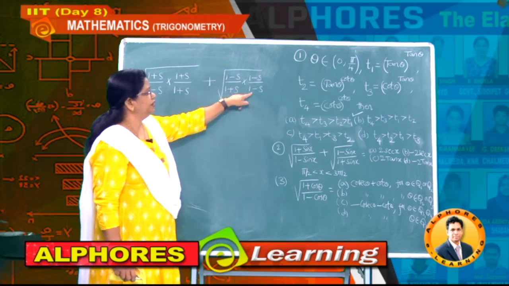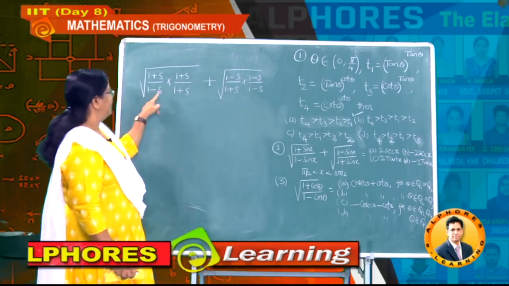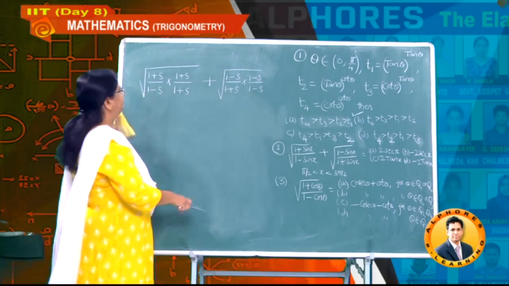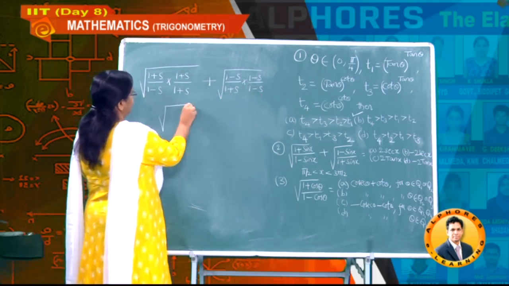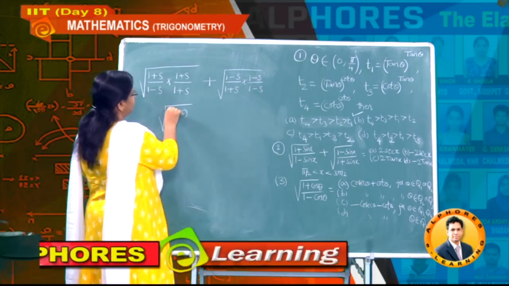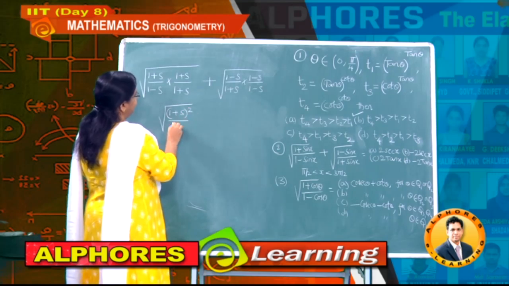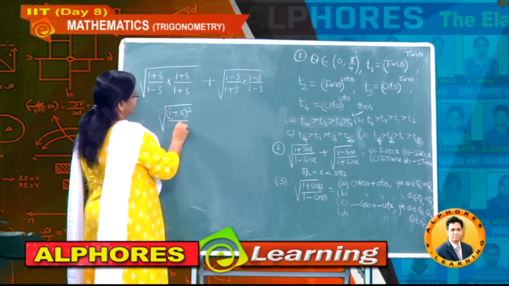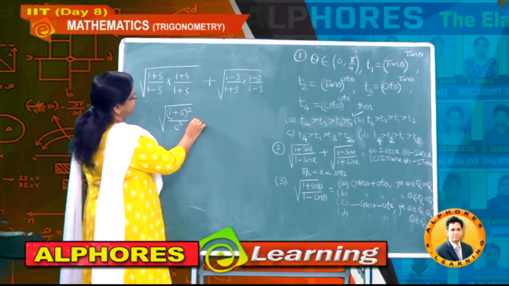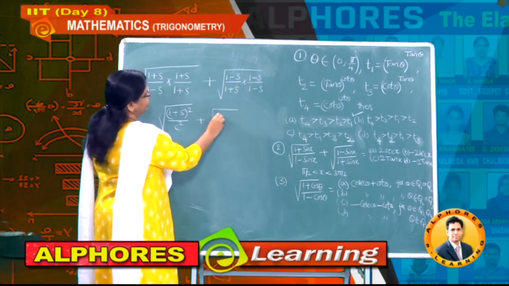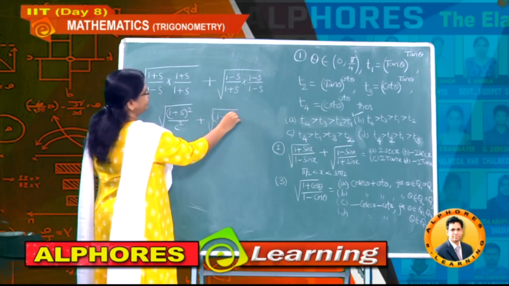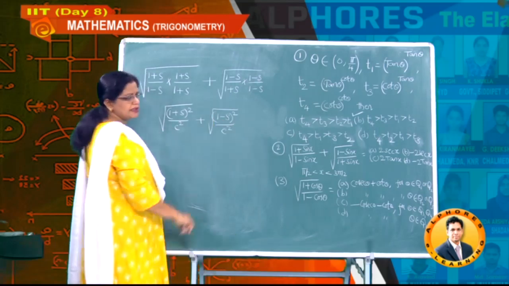So 1 plus sine into 1 minus sine, and 1 minus sine into 1 plus sine. Then the numerator: under root of (1 plus sine) whole square divided by 1 minus sine square, that is cos square, plus under root of (1 minus sine) whole square divided by cos square.